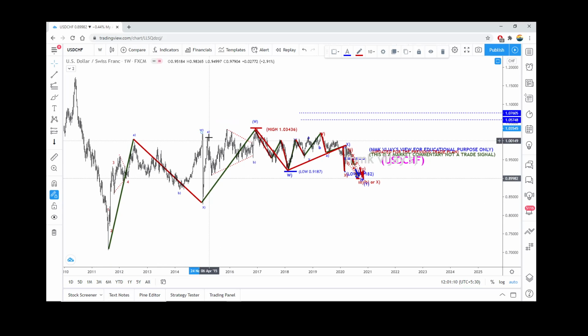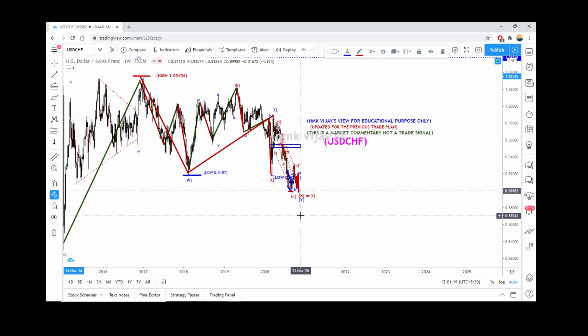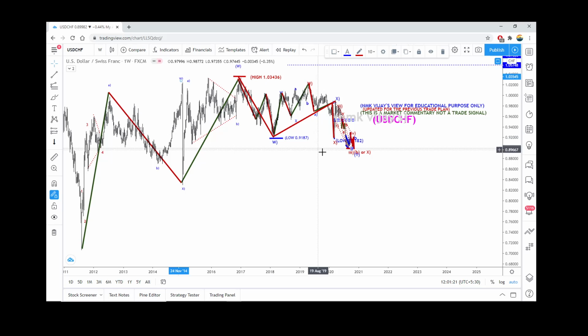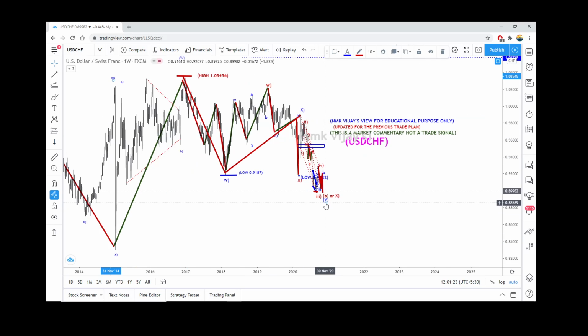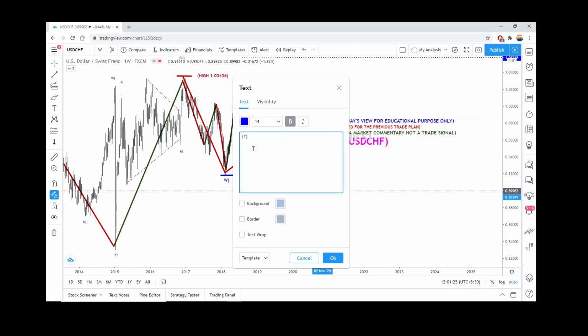This A, B, C is a W. This is the X, A, B, C. So this is the bigger W, and we finish the X here. So the conclusion here is this double bracketed, here is I think single bracketed Y, and here the X is over.